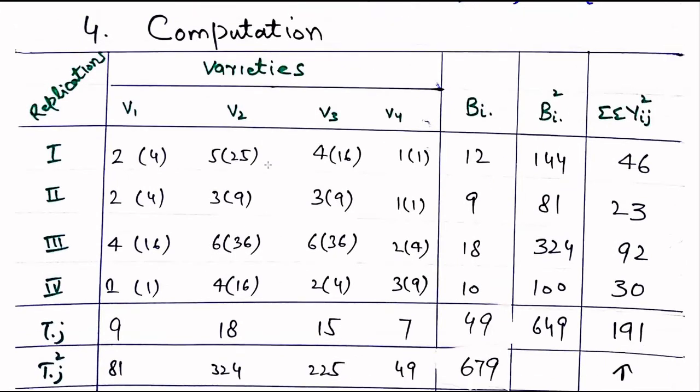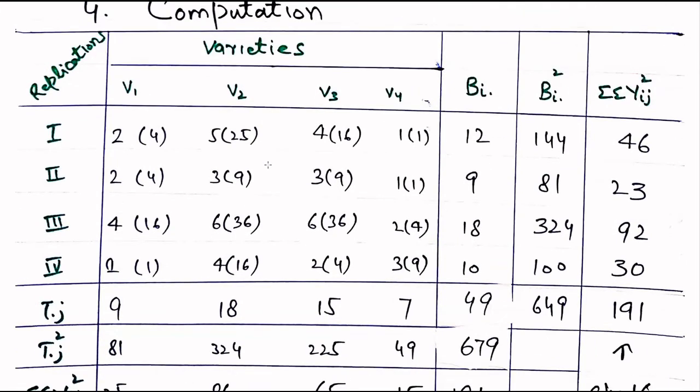Next step is computation. This is our data set. For Yij square, we require the square of each term and then summing. So square each term here: 2 square 4, 2 square 4, 4 square 16. Similarly so on, 3 square 9. So squaring every term.